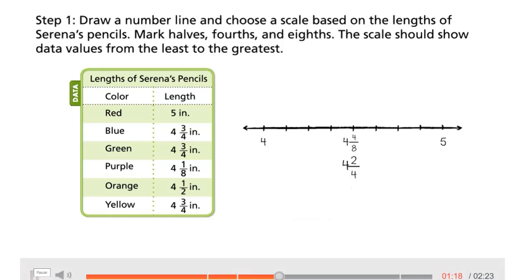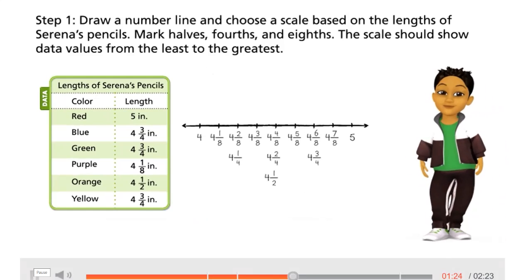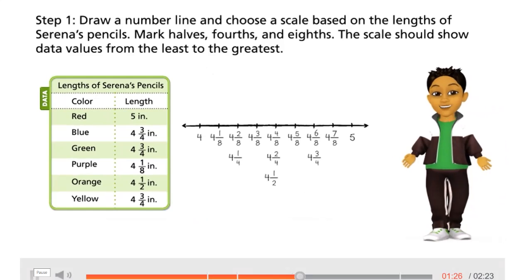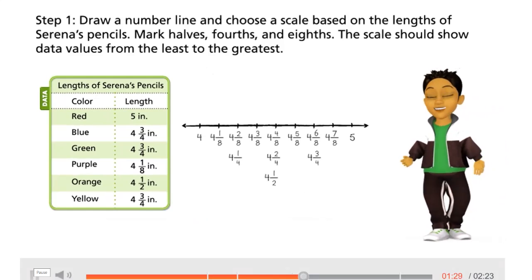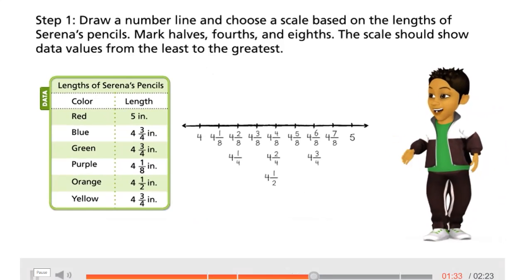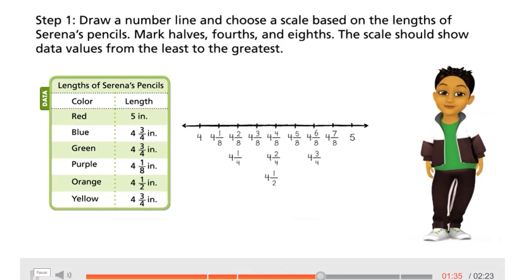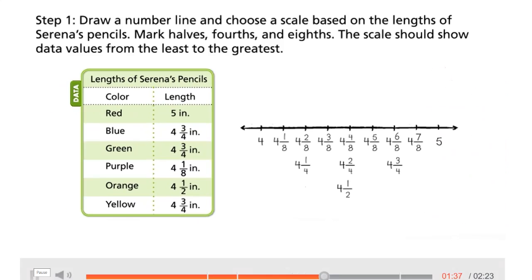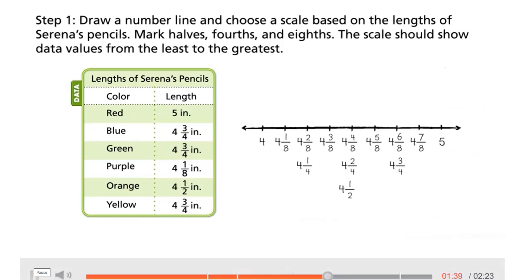Mark halves, fourths, and eighths. You can use equivalent fractions such as 1/2 equals 2/4 equals 4/8 to help make a line plot. The scale should show data values from the least to the greatest.